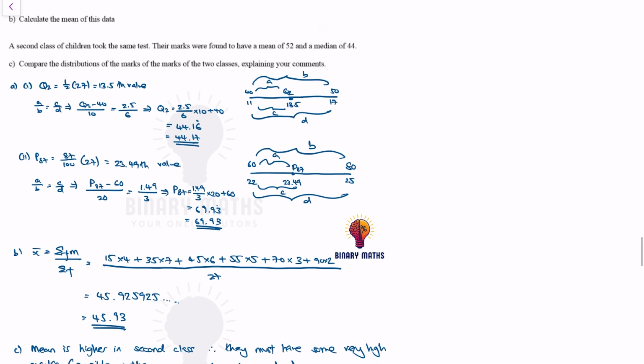The second comparison: the median is similar, therefore we can compare using the IQR, ignoring the very high marks in the second class.